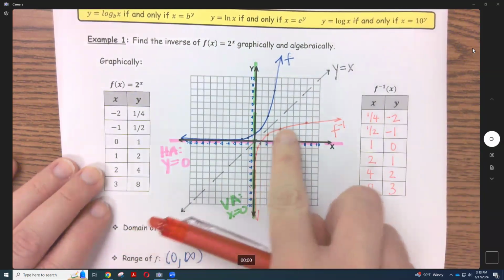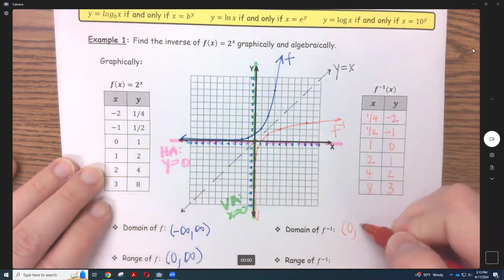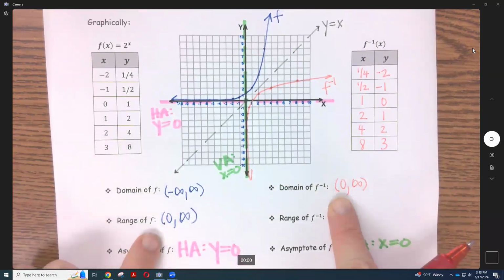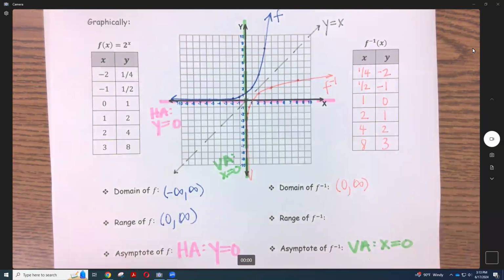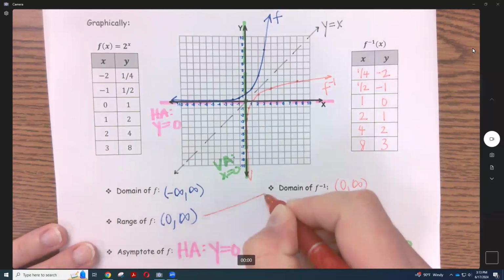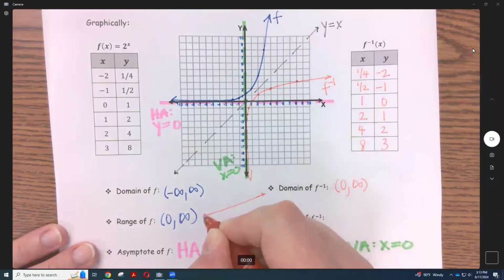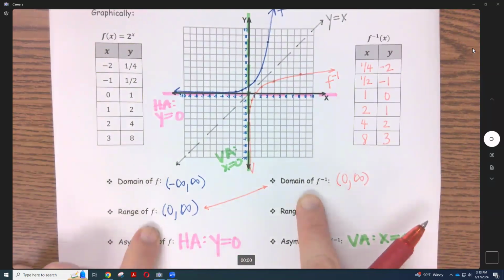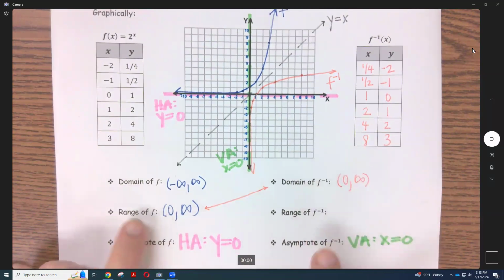And then it's going to keep going forever to infinity. Well, that's the same as my range right here, which we've already found out that the domain and range switch places when we're talking about the function and its inverse.